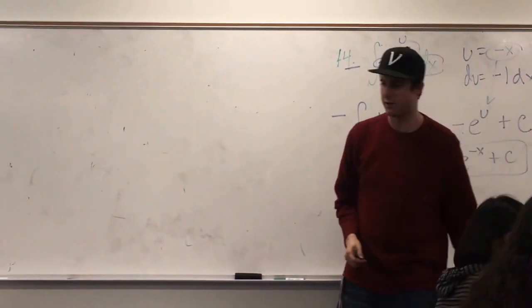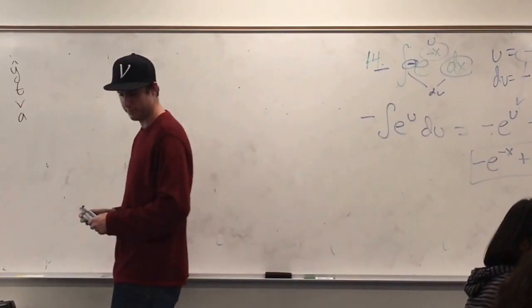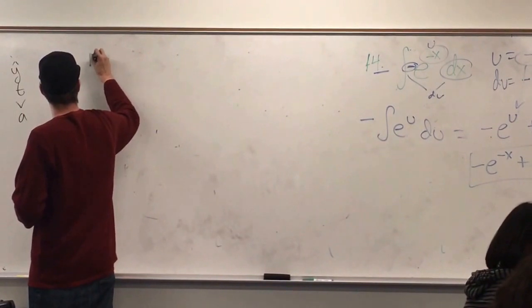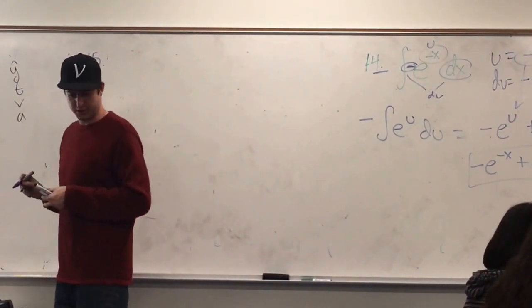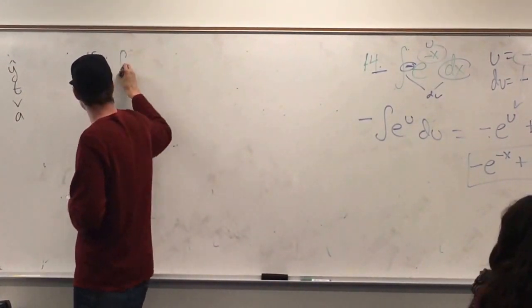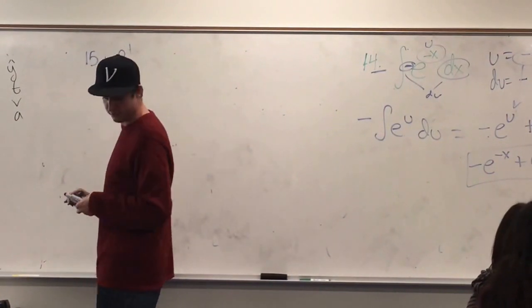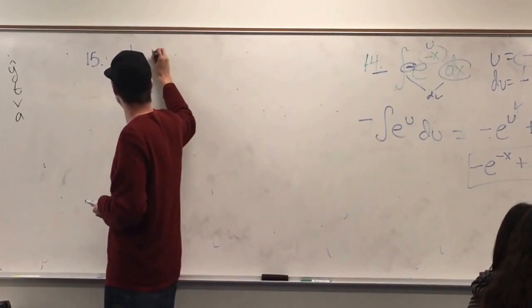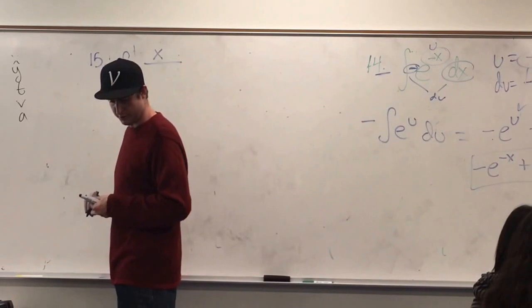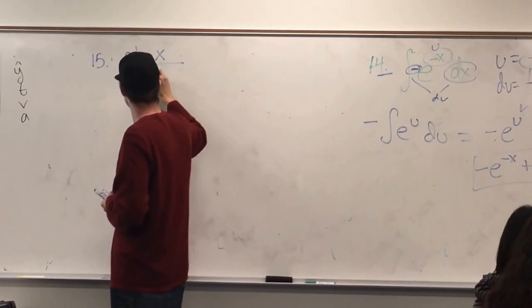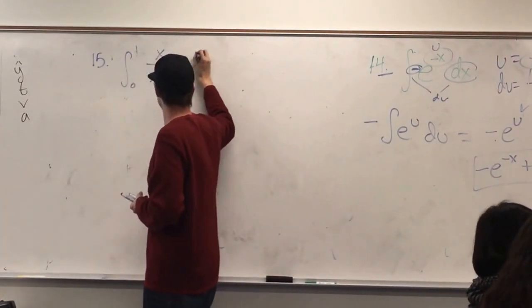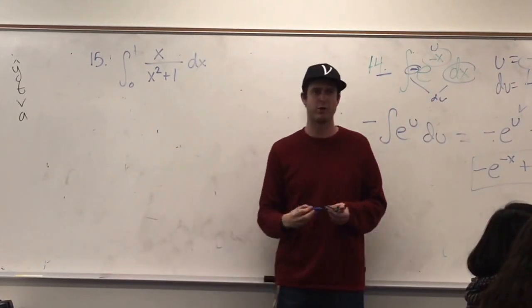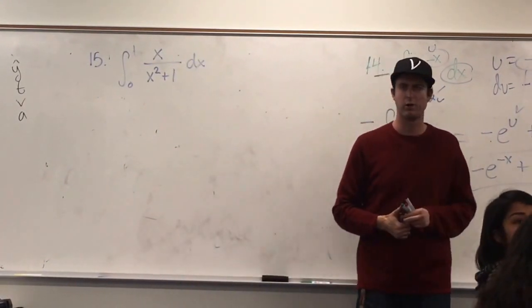Alright, number 15. Okay, number 15 was not especially difficult. One thing that would have helped is if you knew what the ln of 1 is. But x divided by x squared plus 1 dx. Here's another one where you just got to practice knowing about u, okay?